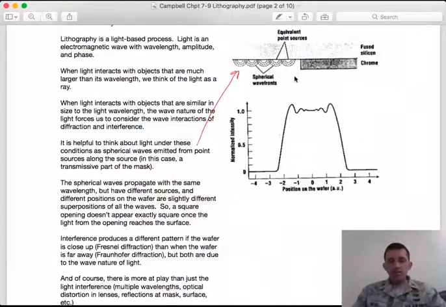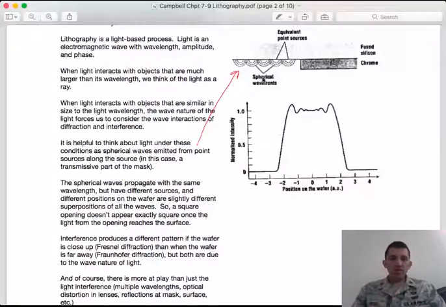Similar to dropping a pebble in a pond, each of these sources is going to give off spherical wavefronts, right? You can think about the atoms here in this fused silica, transparent region of the mask as being excited to vibrate. The electrons are vibrating at the frequency of the incoming electromagnetic wave, and then re-radiating that energy in all directions, and so are all of the atoms in this material here.